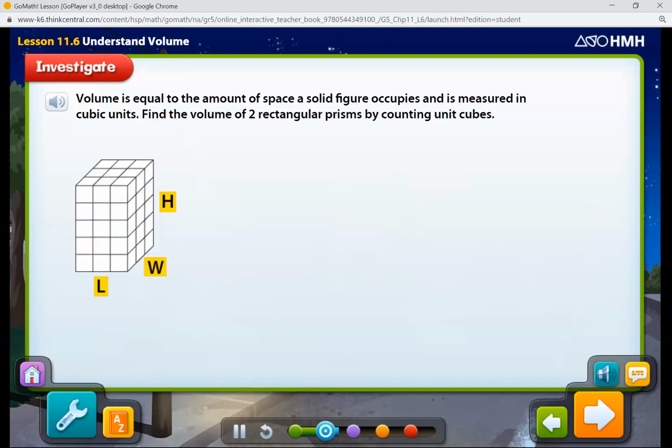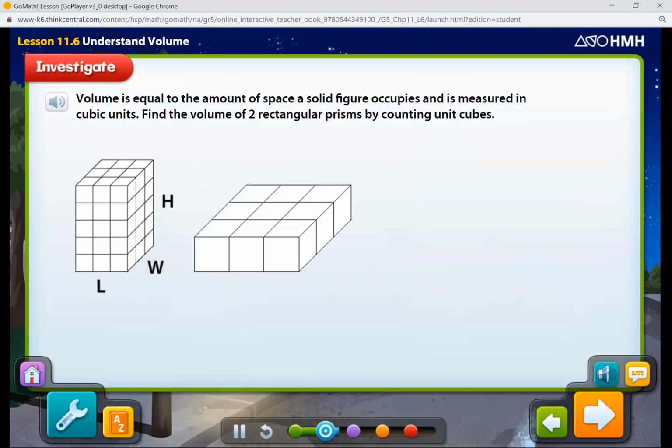Let's move on to a second prism. We can also discover the volume of any three-dimensional figure by finding its length, width, and height. To find the volume, start by finding the length and width of the base. Each unit cube has a length, width, and height of 1 centimeter. The length of the base is 3 centimeters.